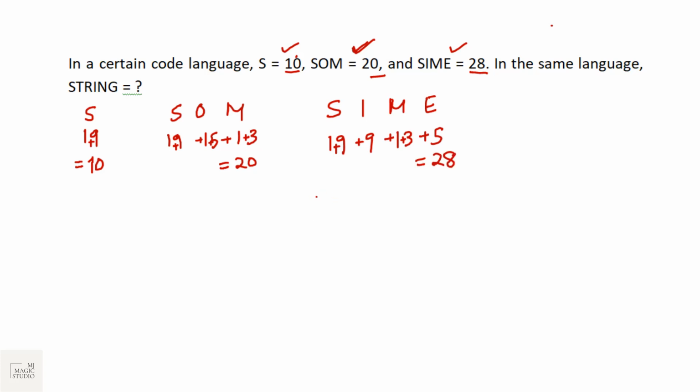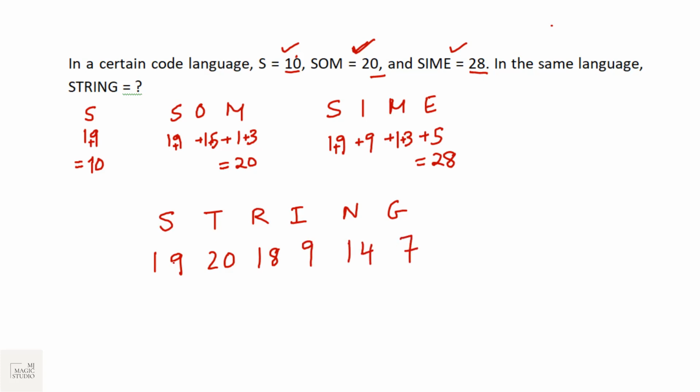This is the code which is being used. So the number code for a string should be S19, T20, R18, I9, N14, G7. 10 plus 2 is 12, plus 13 and 8 is 21, 30, 31, and 4 is 35, plus 7 is 42.